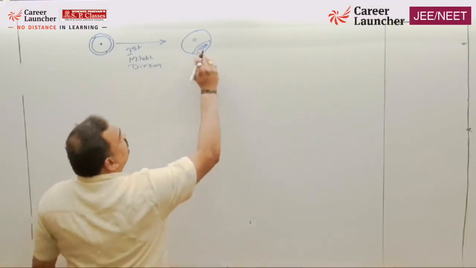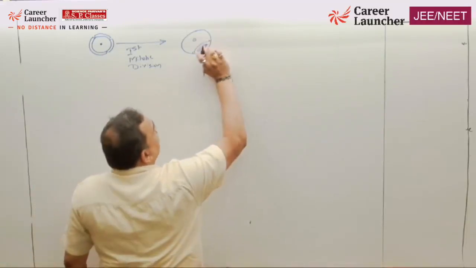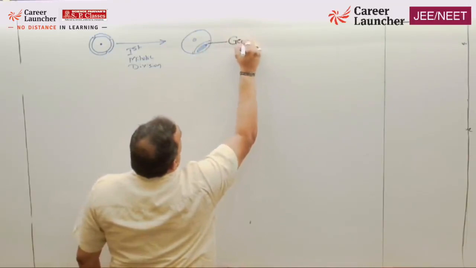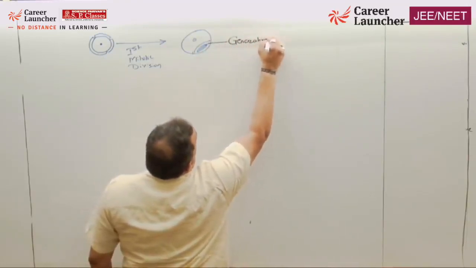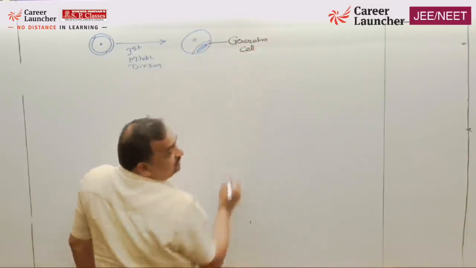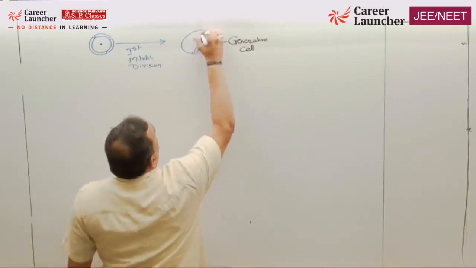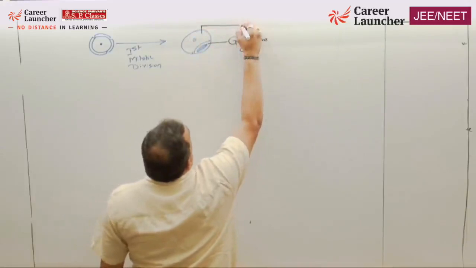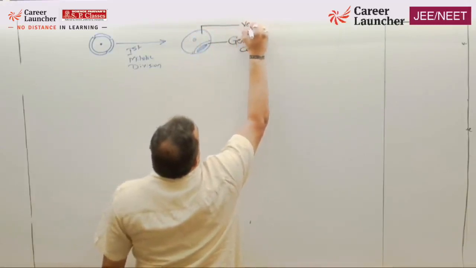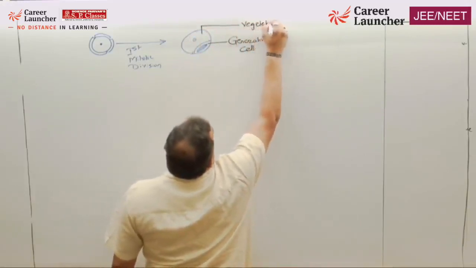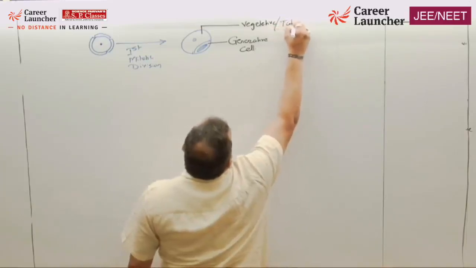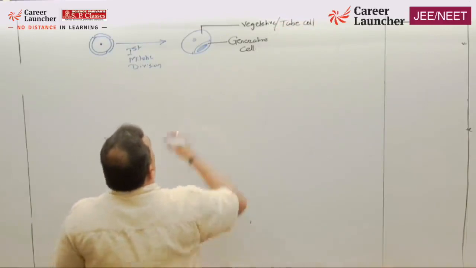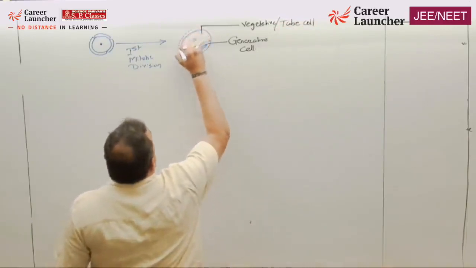The one which is with smaller size but large nucleus is called as the generative cell. Barabar? While the one with large cytoplasm but small nucleus is called as the vegetative cell, or it is also referred as tube cell. Okay, you will still have the covering will be still there.